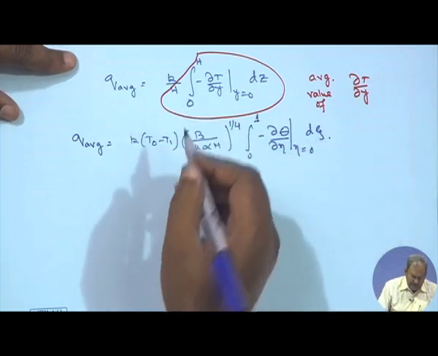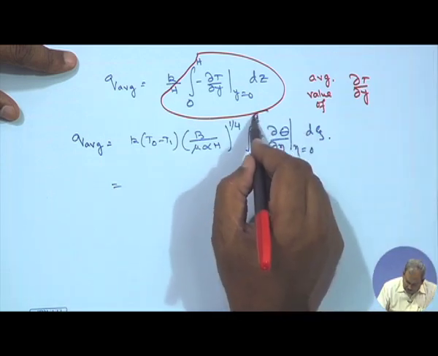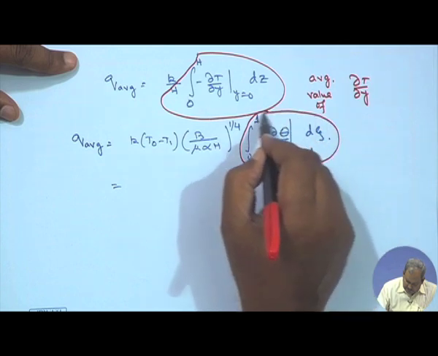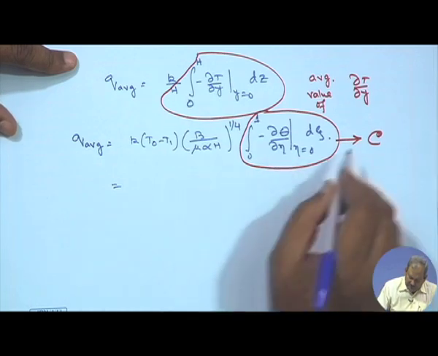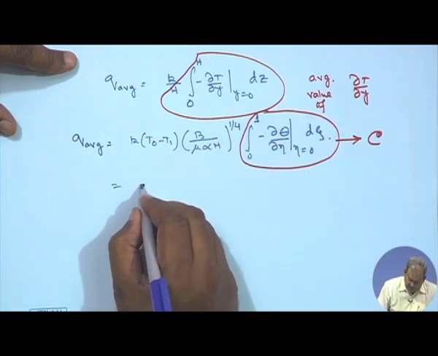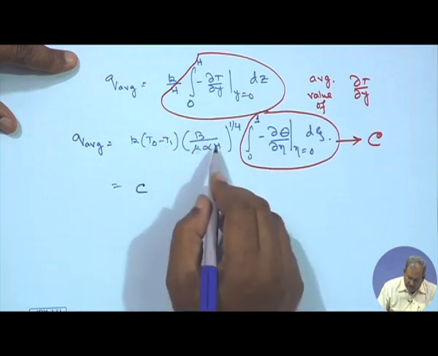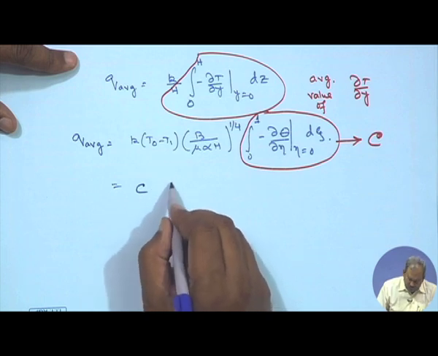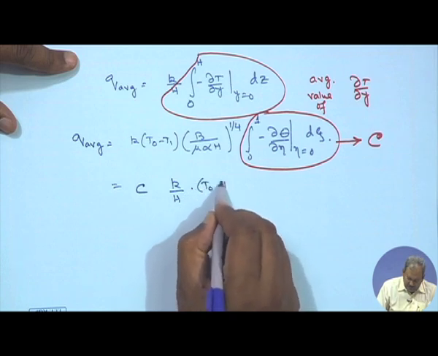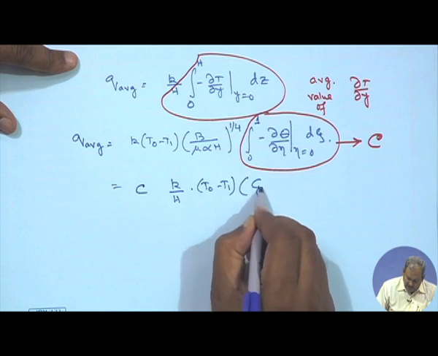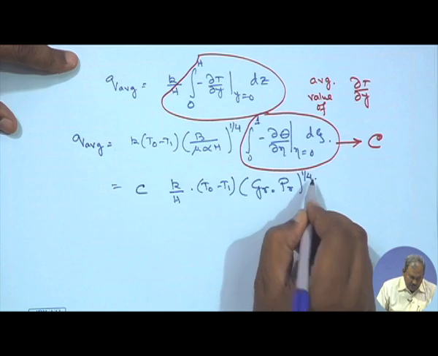These are constants as we have defined before, and we are going to denote this entire term by a number, say C, because the rest of the things you can calculate based on the geometry and properties. So, it is going to be C k by h times (T0 minus T1) times Grashof number, Prandtl number to the power 1/4.